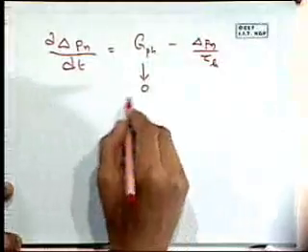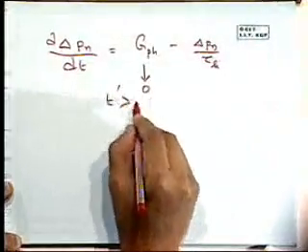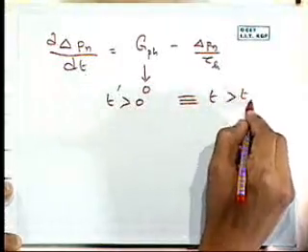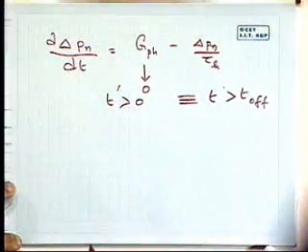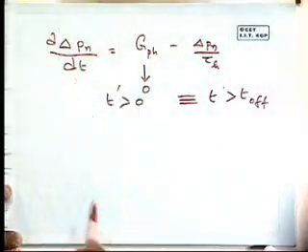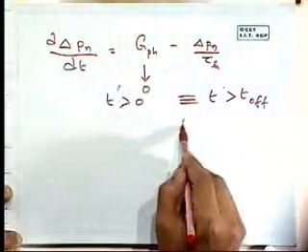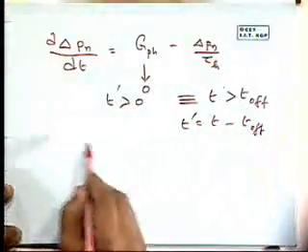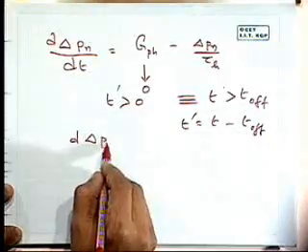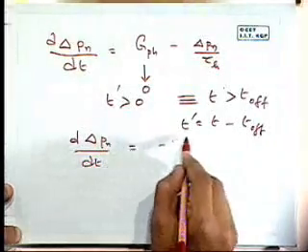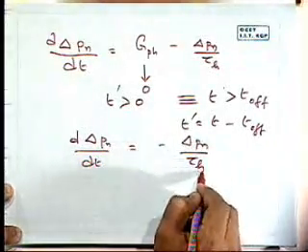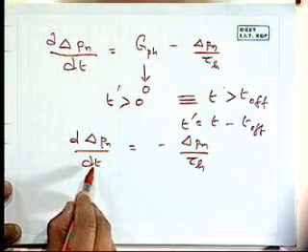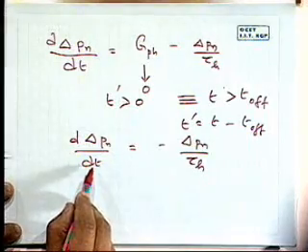We can then solve for T dash greater than 0, which is equivalent to saying T greater than T off. I can make the substitution here. Remember, T dash is equal to T minus T off. So when we solve this, we can rewrite it as d delta Pn by dt is equal to minus delta Pn by tau H. And we can make the substitution for dt in terms of dt dash.